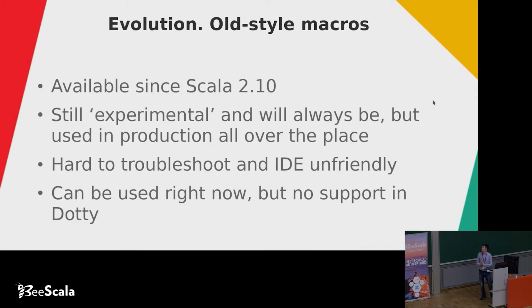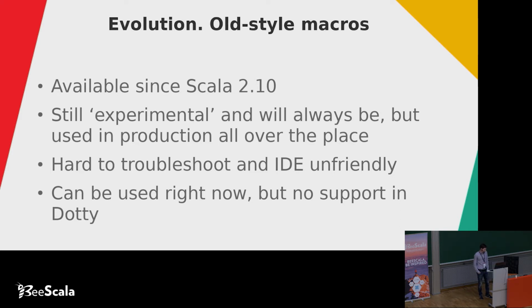So, back to the good old days, and those days are still our current days, in fact, because the first implementation and support of Scala macros appeared in Scala 2.10. It is experimental, it is still experimental, and it will be experimental.